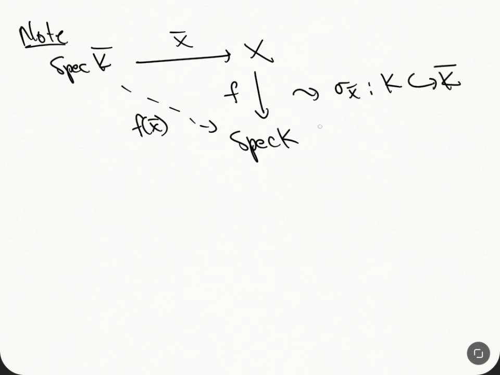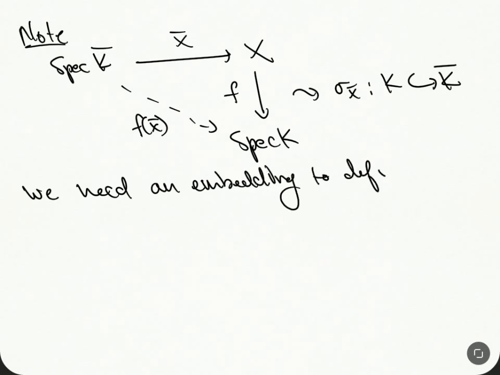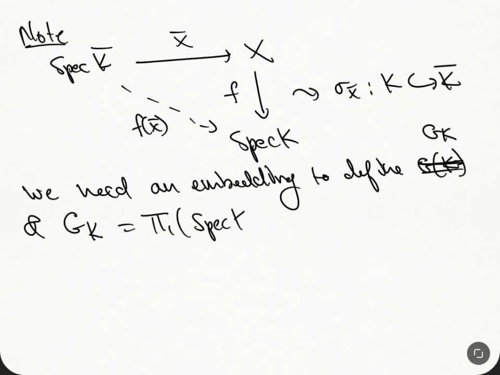We need this embedding to make sense to define G_K. In this context, G_K is just pi 1 of spec K with respect to f of x bar, where f is that projection map.